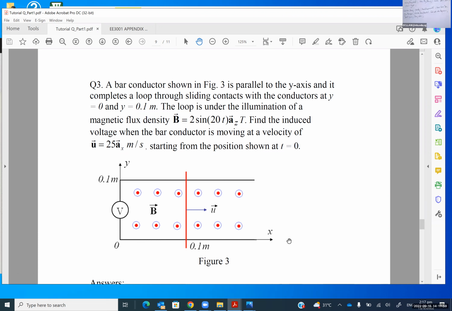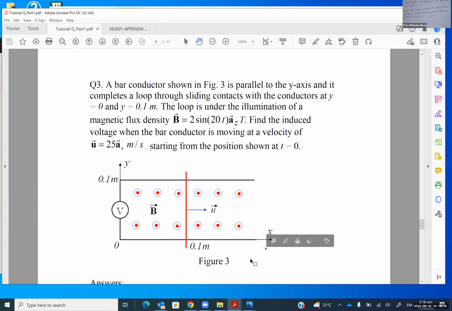So our magnetic flux is changing, time varying, due to 2 things. B itself is changing with time, and the area is also changing with time. So obviously, when we formulate, we're going to do the formulation that way.